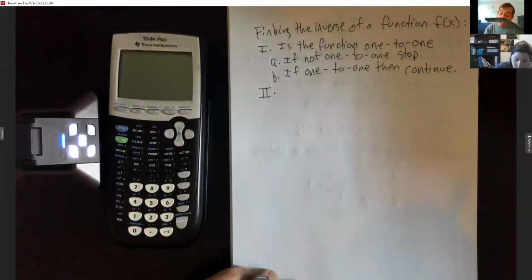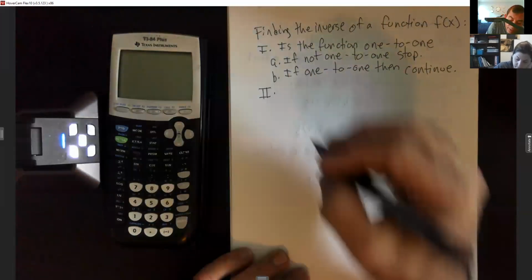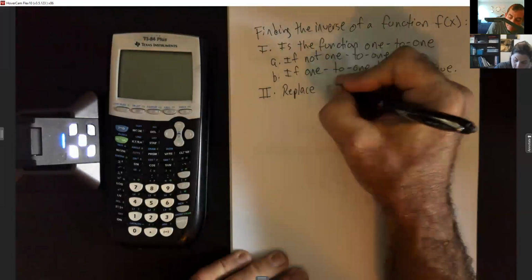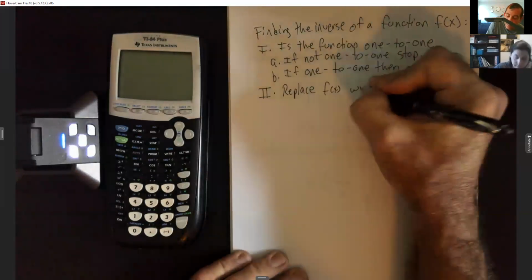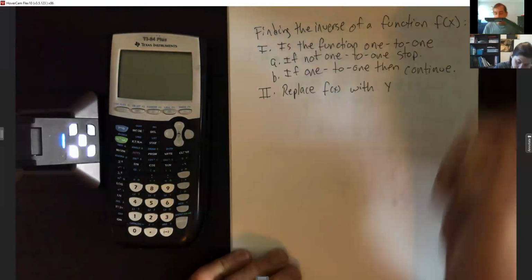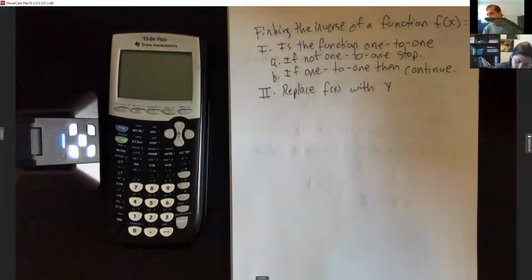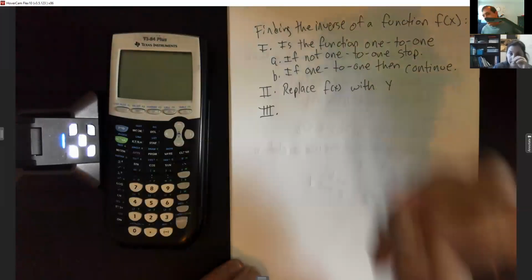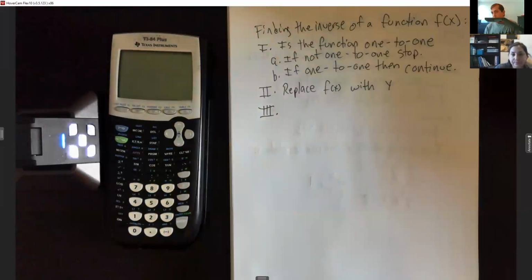So the first step in finding the inverse is to replace f of x with a y. We put a y in there instead of f of x so we can actually solve these equations, okay? Once I replace the f of x with a y, I'm going to do the same thing I've been doing all morning.